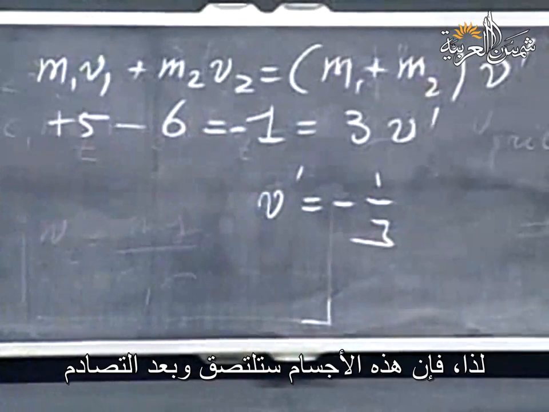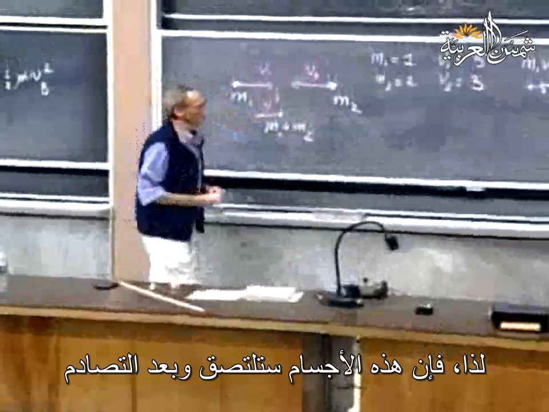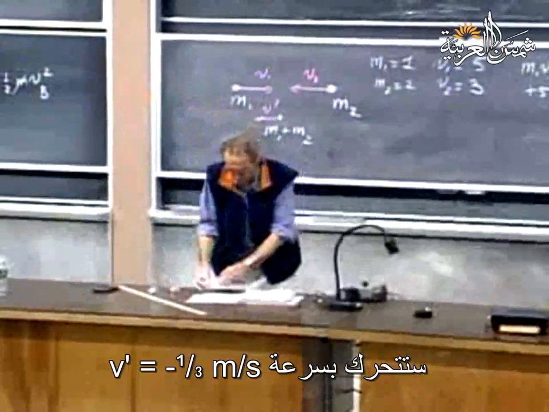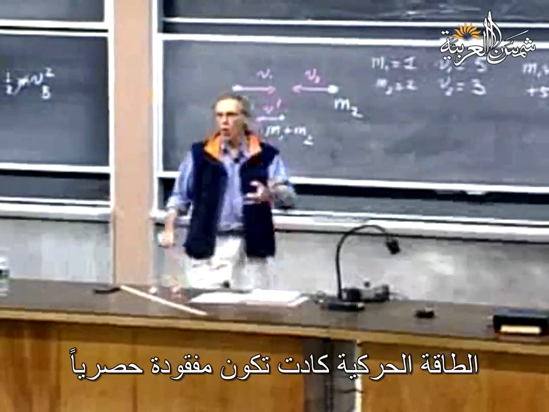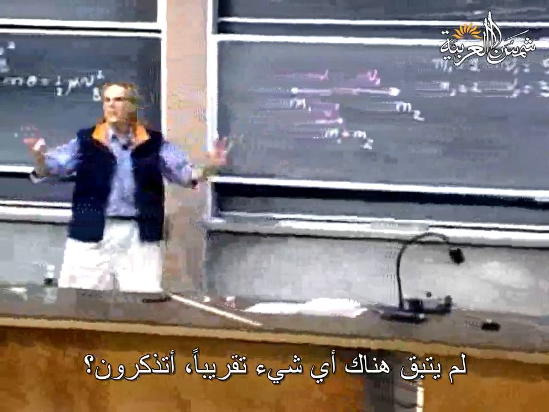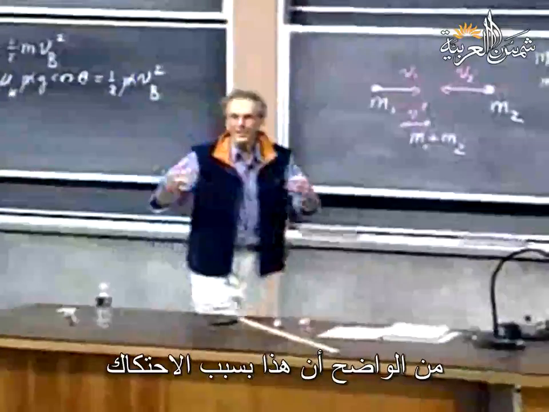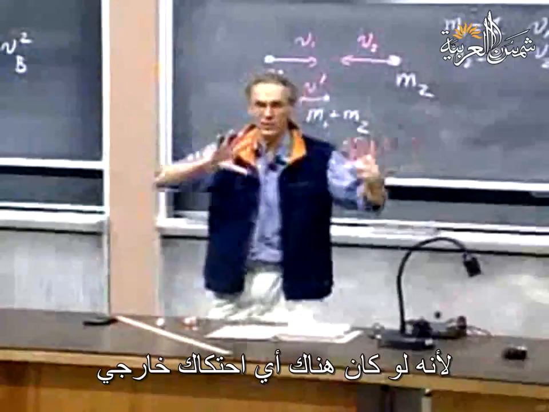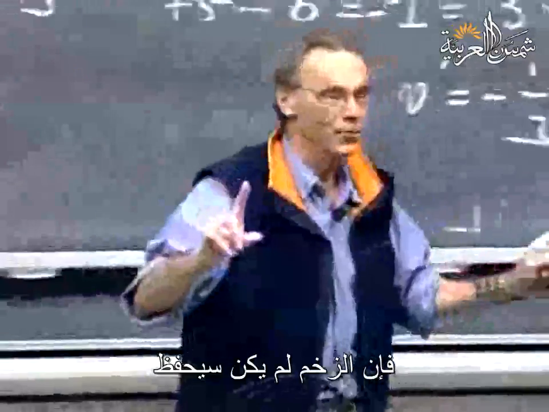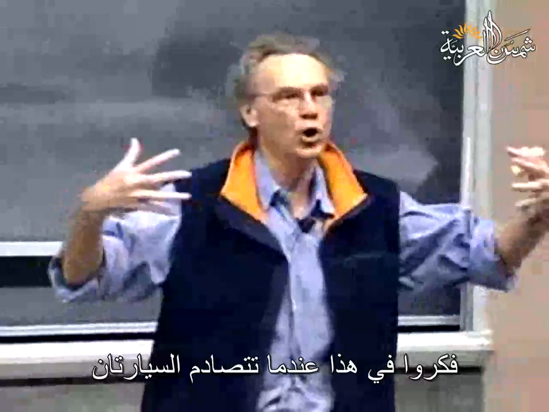And so this object will stick, and after the collision, they will move with a speed of 1/3 of a meter per second. Kinetic energy was almost exclusively lost. There was almost nothing left, remember? Clearly, that's because of friction, not external friction. There is no external friction, because if there were any external friction, momentum would not be conserved. Think of them as the two car wrecks.